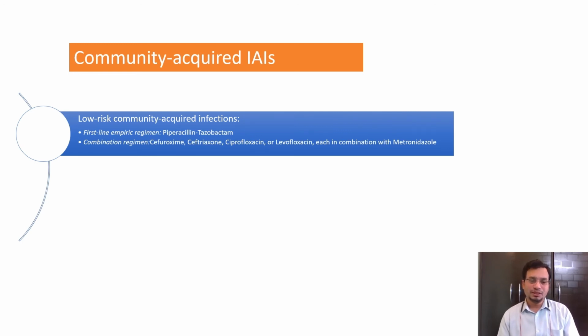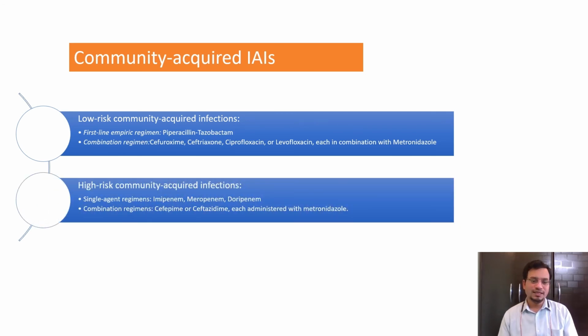In the empiric first line regimen, piperacillin tazobactam is preferred, whereas in the combination regimen, you can give a third generation cephalosporin or fluoroquinolone along with metronidazole for the anaerobic coverage. So either you give cefuroxime or ceftriaxone or ciprofloxacin or levofloxacin in combination with metronidazole.